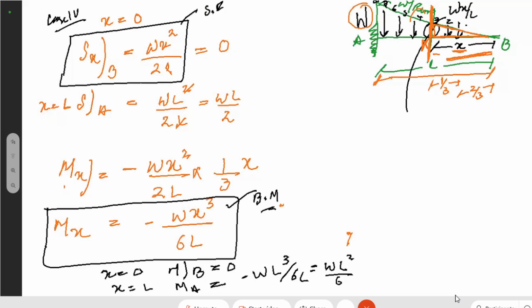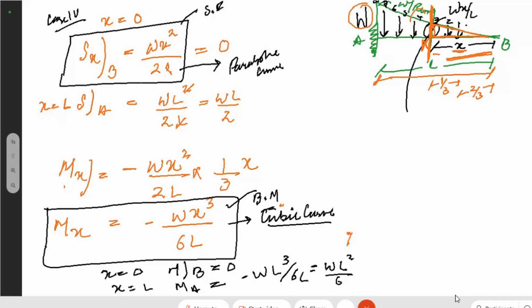And I saw that for shear force, it was Wx square by 2L, the shear force equation at any point x. This will vary in a parabolic curve, and for x cube, it will have a cubic curve.